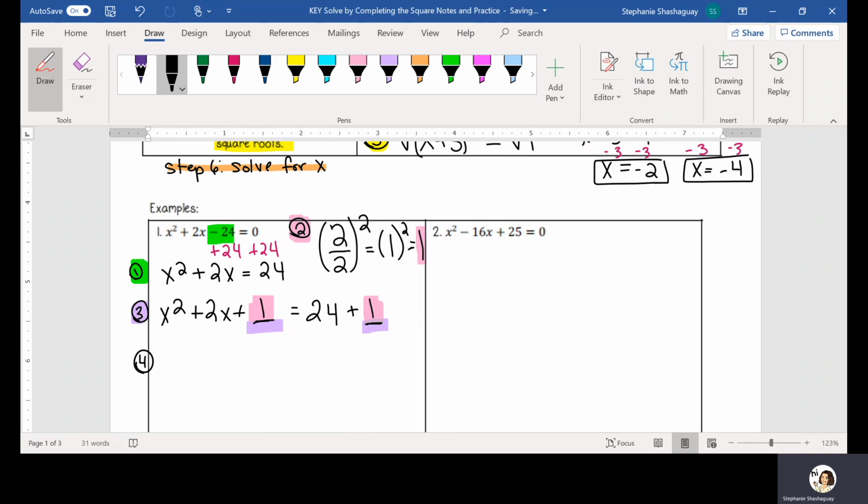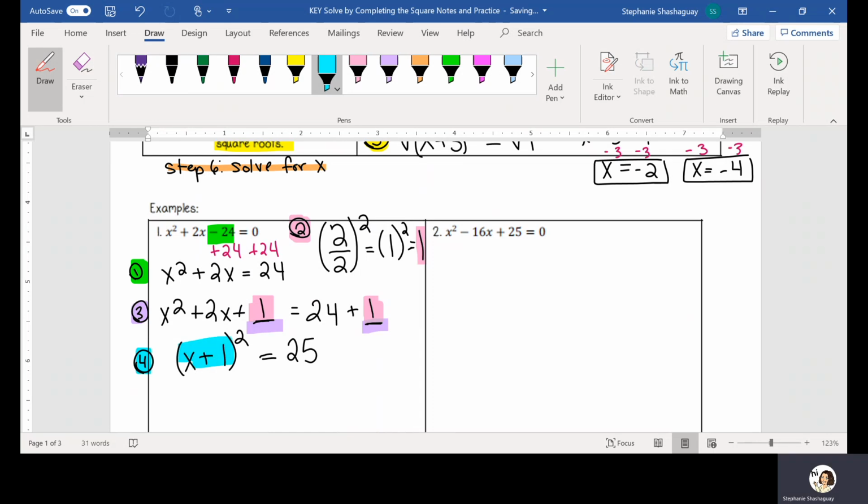So that factored x squared plus 2x plus 1, because I just created a perfect square trinomial, is going to be x plus 1 squared. And that is going to equal 25.